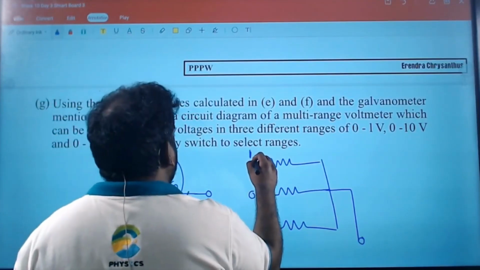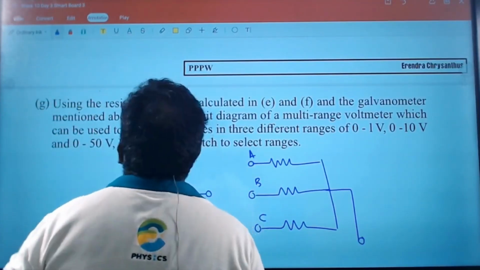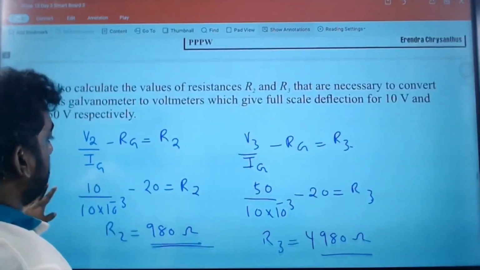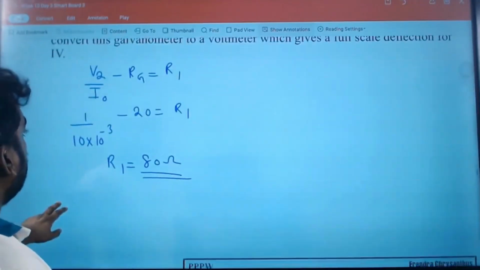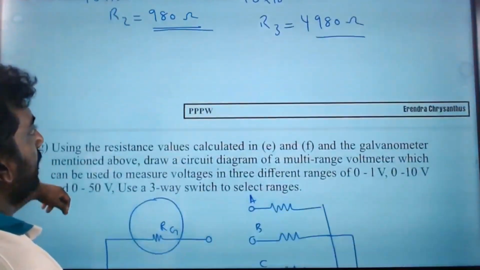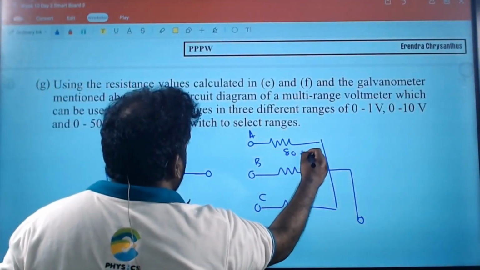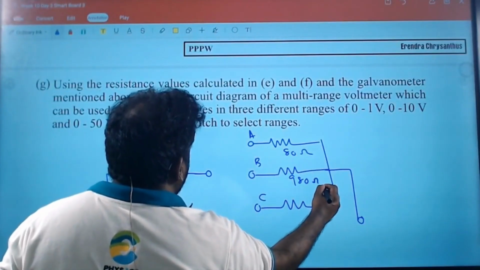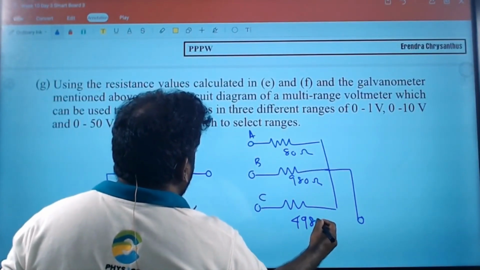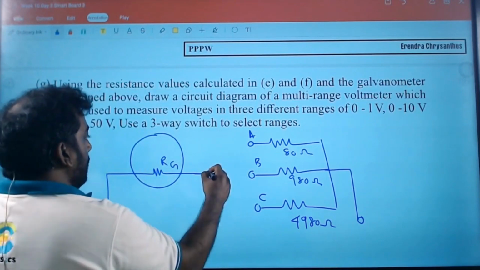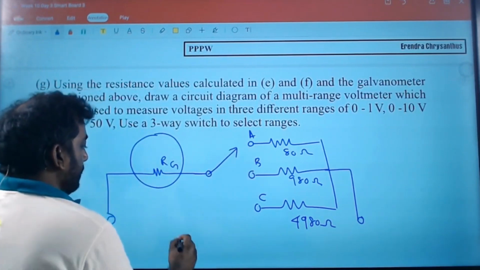So if I name this A, B and C, what are the resistances? 80, 980, 4980 ohm. So here you can select it.